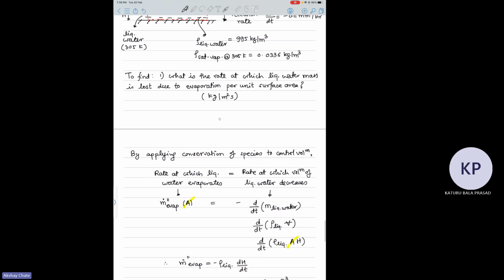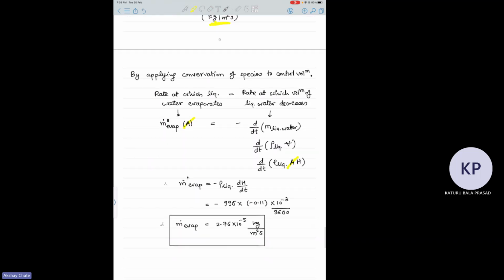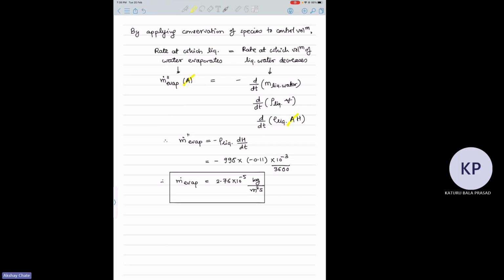But one thing you should note is, this unit we expected and we are getting in this unit only. You can do a simple thing: density is kg per meter cube, and this rate of change is meter per second, so this becomes kg per meter square second. So correct. It's always good to have some dimensional correctness check also many times.